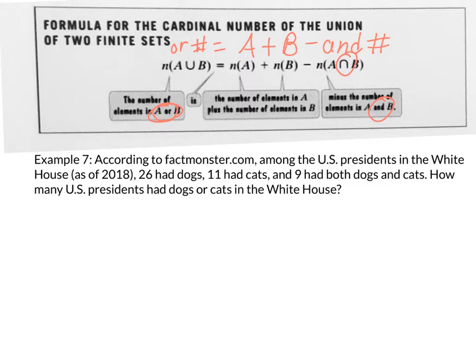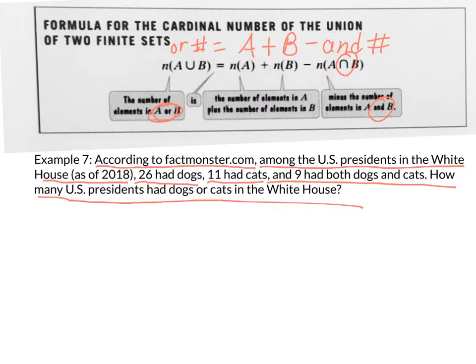So seeing this formula in action, example 7 says, according to factmonster.com, among the U.S. presidents in the White House, as of 2018 anyway, 26 had dogs, 11 had cats, and 9 had both dogs and cats. How many U.S. presidents had dogs or cats in the White House?